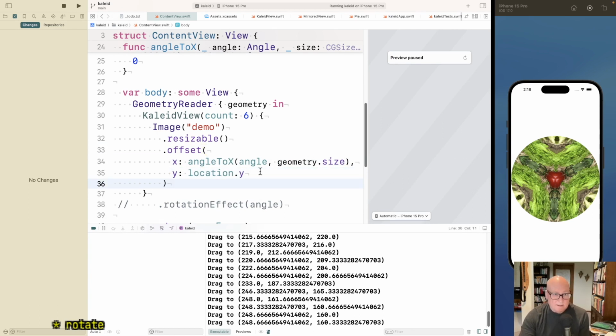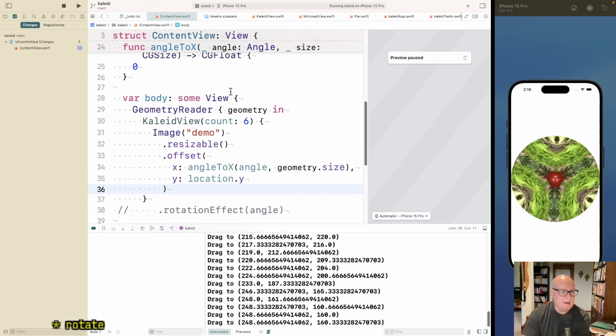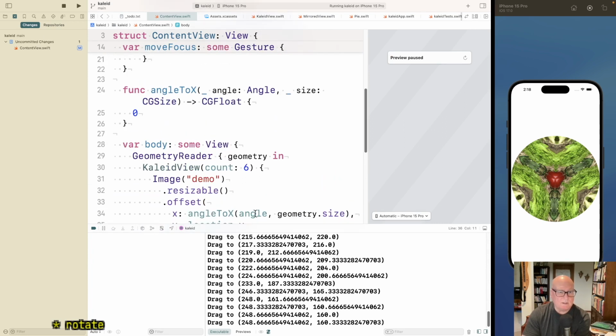Okay, so I'm going to take the rotation angle, which is maybe plus or minus 0, I don't know, plus or minus pi, and map that to how much I offset.